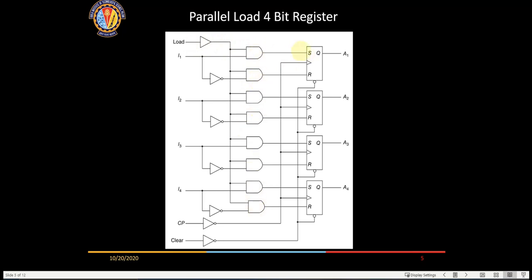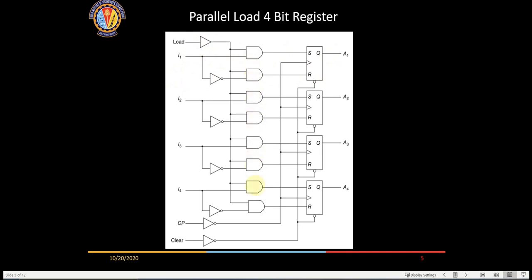So all the set and reset pins will be 0. So what happens if this is 0? Whatever was the previous state, it will continue to hold that data, as long as your load signal is low. Whenever you want to load any data to the register, you will give the load signal high.